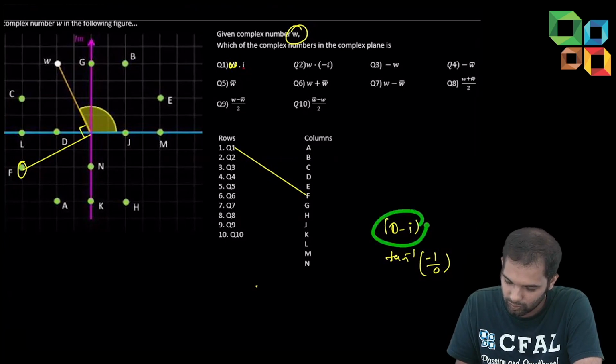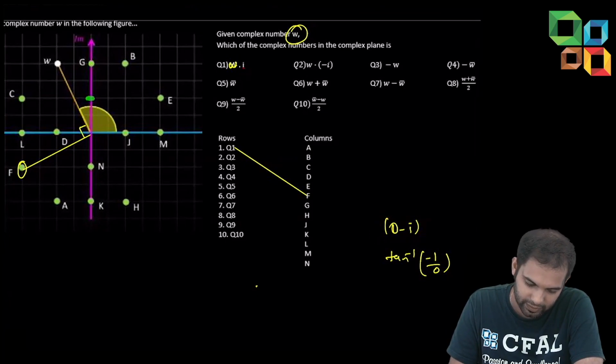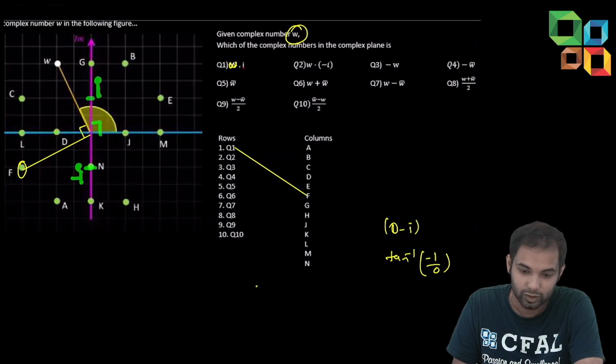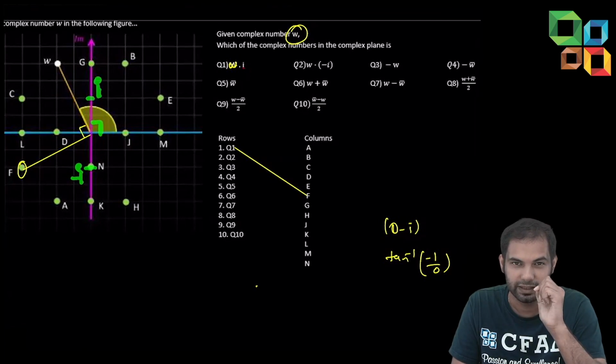Whenever it was I, it was here. This was the angle, the argument, correct? When it is minus I, it is here. So when it was I, it is 90 degrees because of this reason. Because 1 by 0 we can directly figure out, since tan inverse of infinity is pi by 2 and minus infinity is minus pi by 2.